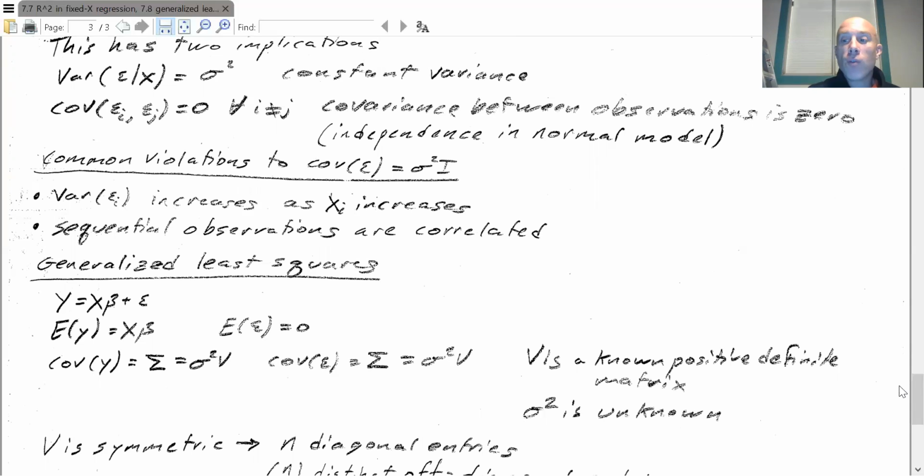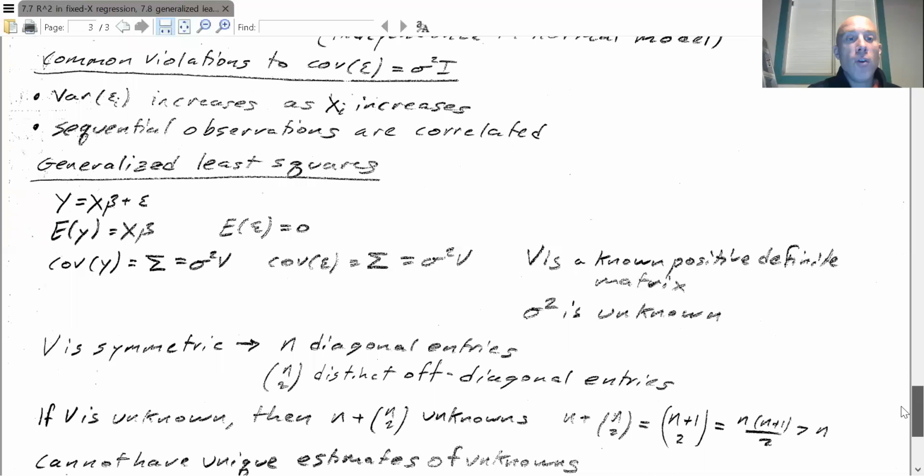All right, so for generalized least squares, my model is pretty much the same, but we're going to change it up. Instead of having the identity matrix inside the covariance, we're going to have a known positive definite matrix. So y is equal to x times beta plus epsilon. Expected value of epsilon is equal to 0.